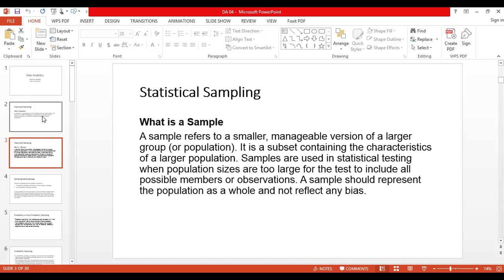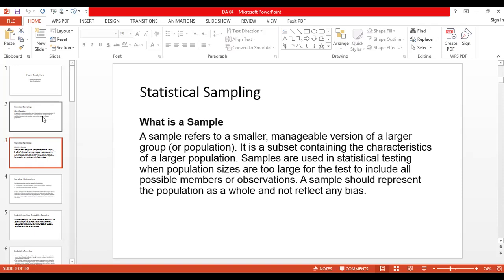We've been talking about samples, but there are ways of collecting samples. You don't just collect samples anyhow. Although as a data analyst, most of the time you may not be collecting samples, you should know about it.